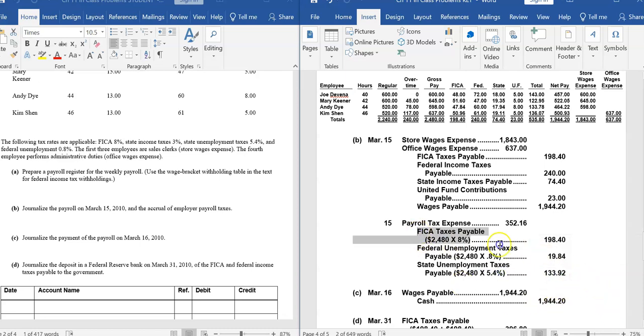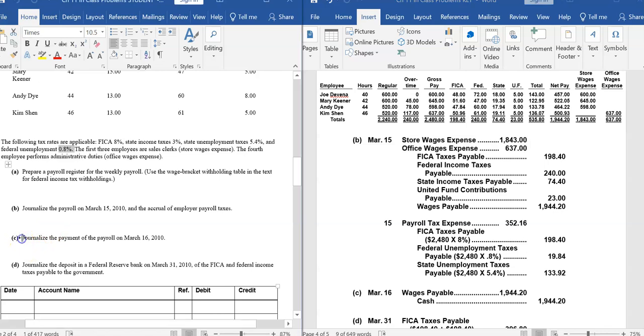The employer has 3 liabilities to pay taxes for FICA, federal, and state unemployment. The total of all those are an additional payroll tax expense over and above the payroll expenses that they're incurring for the employees.